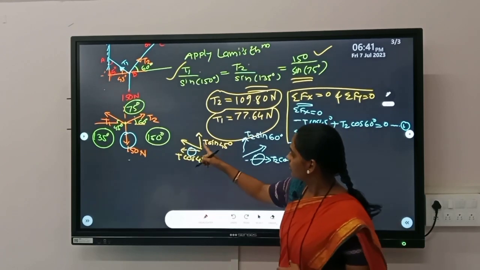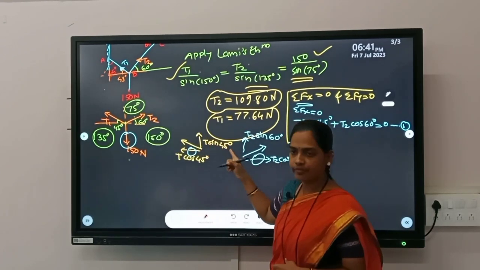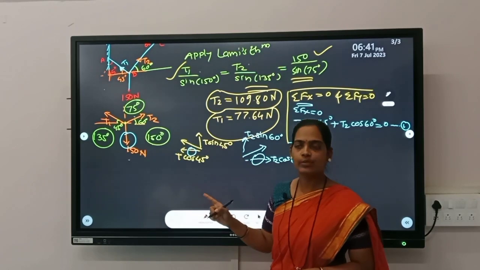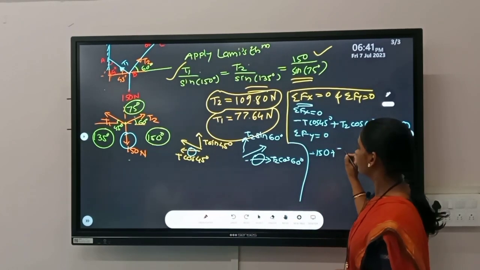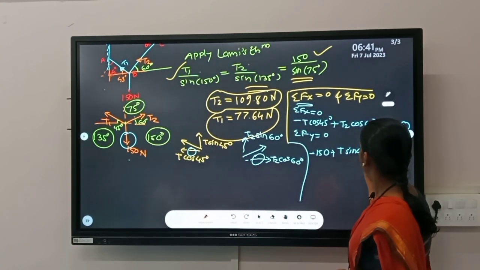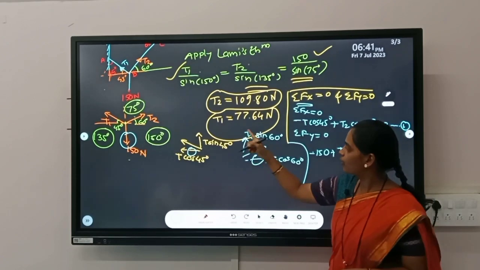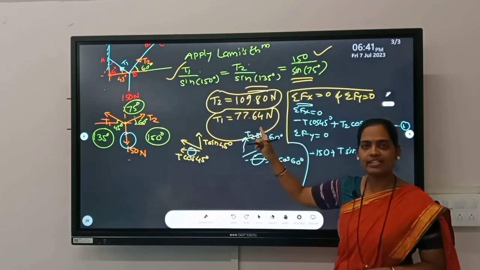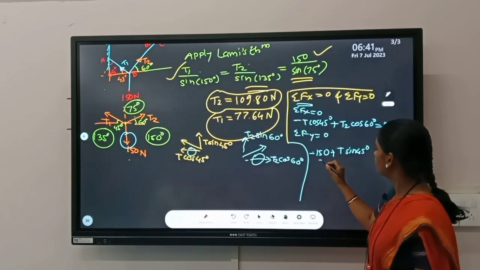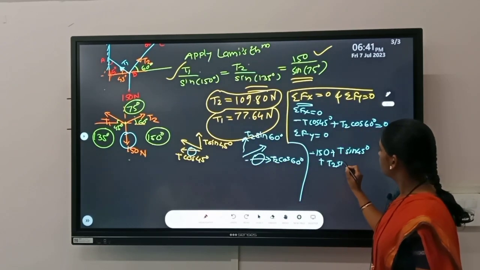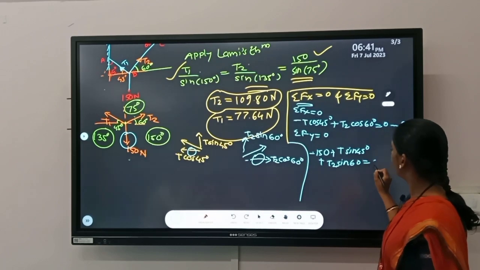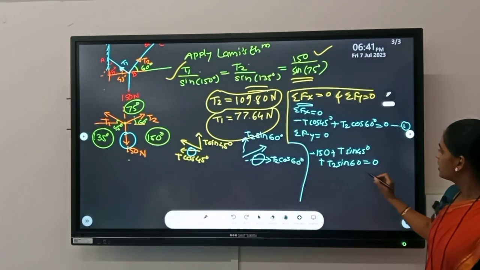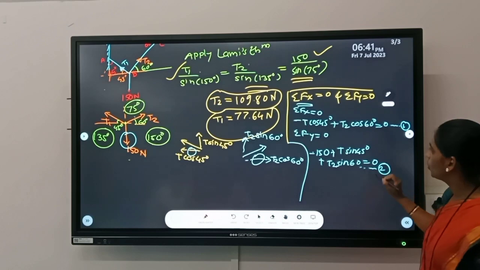Then this vertical component T1 sin 45 is going upward, that's why taken as positive, plus T1 sin of 45 degrees. Again the component of T2 sin 60 is going upward, so plus T2 sin of 60 degrees is equal to 0. Say this is equation number 2.